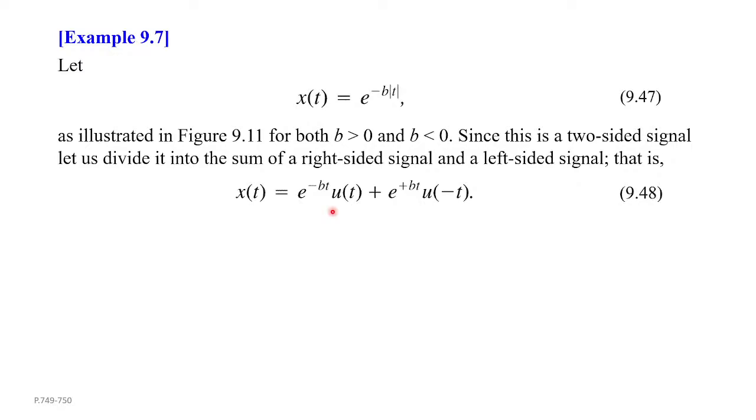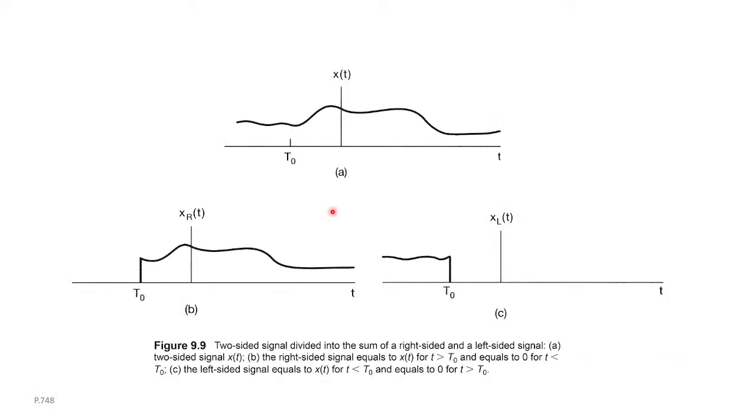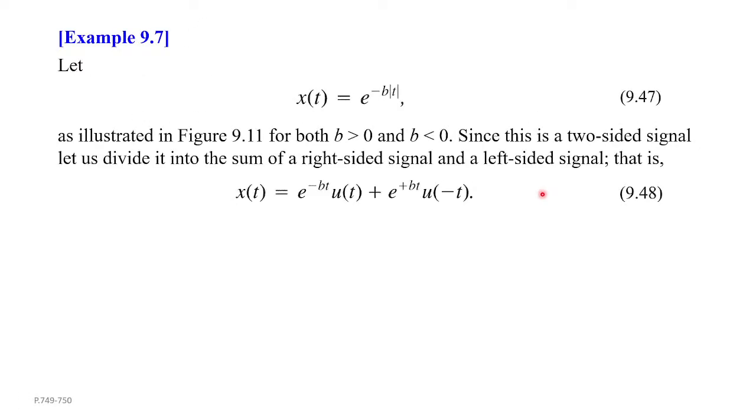Okay, so let's look at an example of this kind of signal, where your signal extends to both sides, and see its ROC. This is a very well set up example. Your signal is a decaying exponential in both the forward and the backward direction of time.